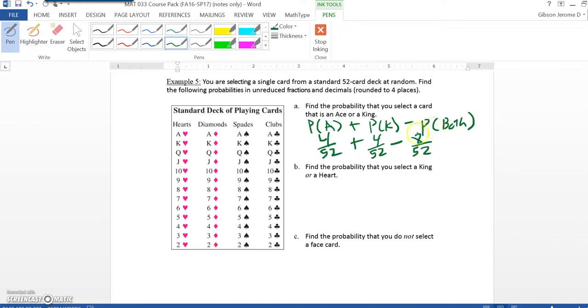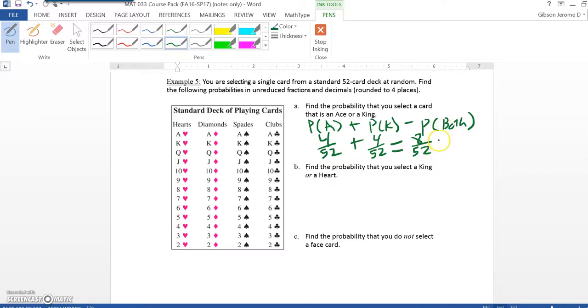Oh, wait a minute, I made a slight error here. This is actually what this is equal to, because there's no probability of picking one card and getting an ace and a king, because these are 2 separate types of cards. So there's no way you would have both, so we wouldn't have to subtract off anything. So we have 4 over 52, and 4 over 52 is 8 over 52.